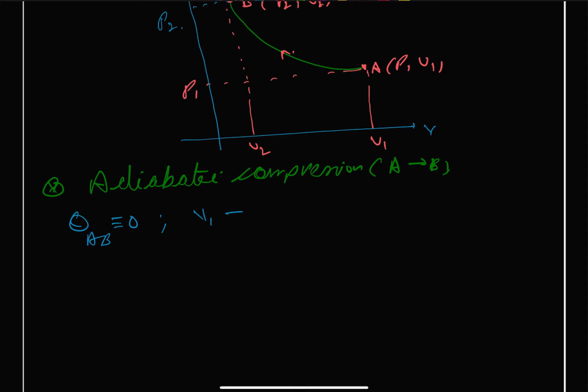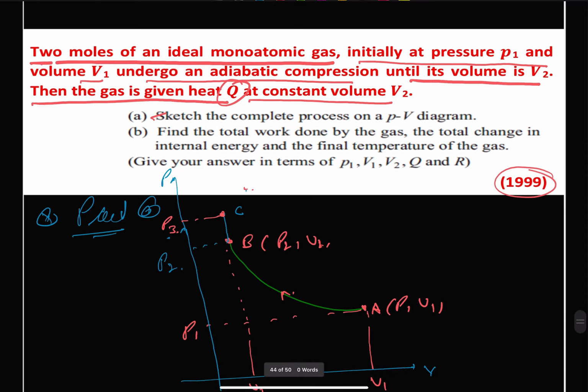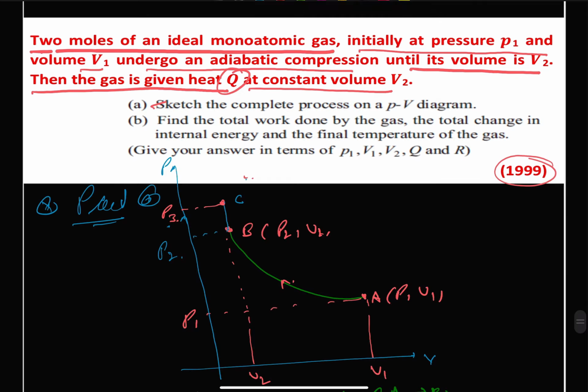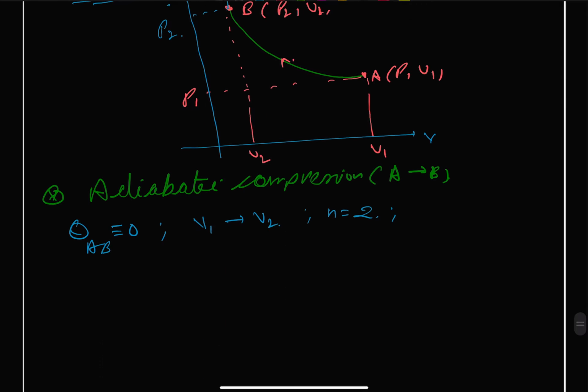from V1 to V2. And 2 moles are given to us, so the number of moles is equal to 2, and the gas is given as monoatomic, therefore we can write C of V equal to 3 by 2 times R, and the adiabatic ratio gamma will be equal to 5 by 3.